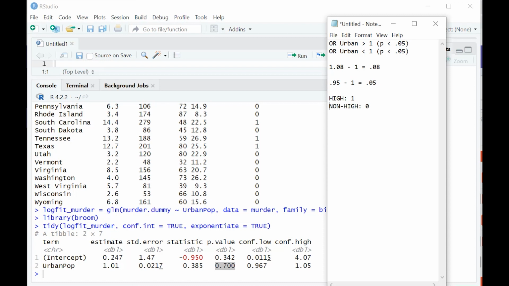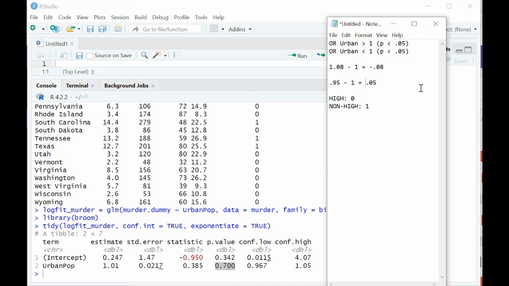As you can see, this interpretation depends completely on how you code your outcome. If I had said I'm interested in the odds of a state being a non-high murder state, then this directionality would get reversed.